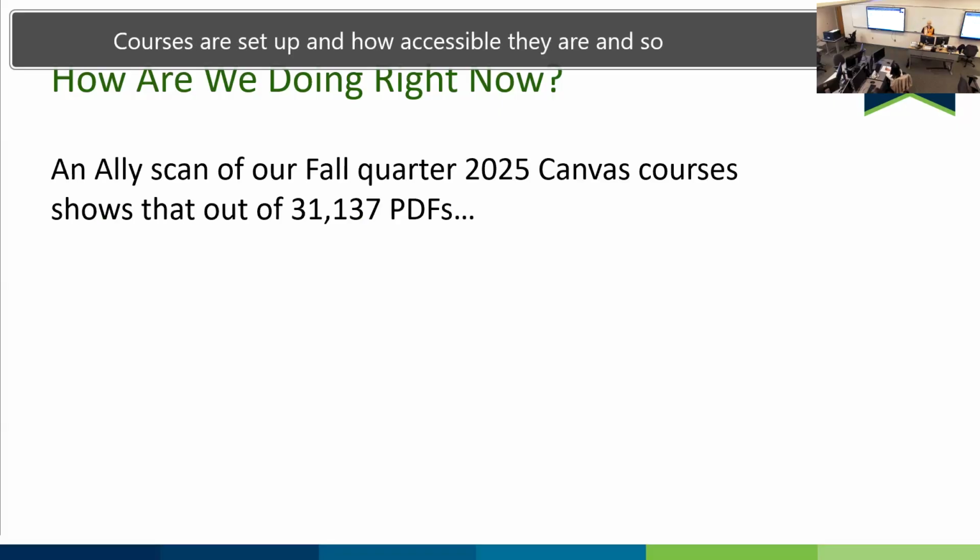And so right now, just looking at Fall Quarter, in all of the Canvas courses across Highline, we have a little over 31,000 PDFs. There's a good chance that a lot of those, I know there are a lot of faculty who have a lot of PDFs that they may not be using in their active class. They've got it stored within the course shell, but it's not being used. So the number may seem a little inflated. I can't say for sure, but point is, we have a lot of PDFs out there.